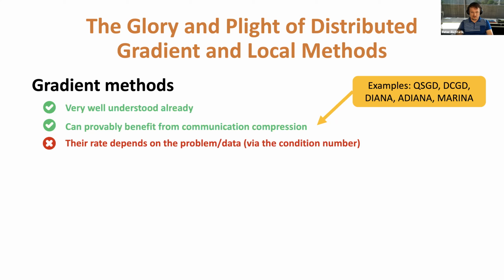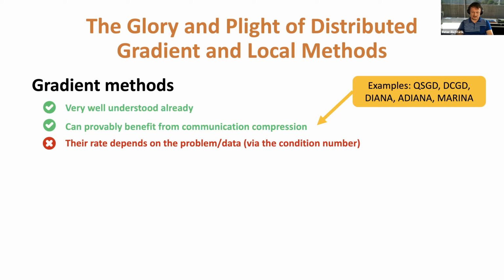However, the problem of all gradient methods, and this is without exception, is that the rate depends on the problem and the data, and you're not in control over the problem and the data. So the condition number is going to hit these methods, and these methods can be slow as a result if the problem or data are bad, and if the algorithm is not handling the conditioning well.